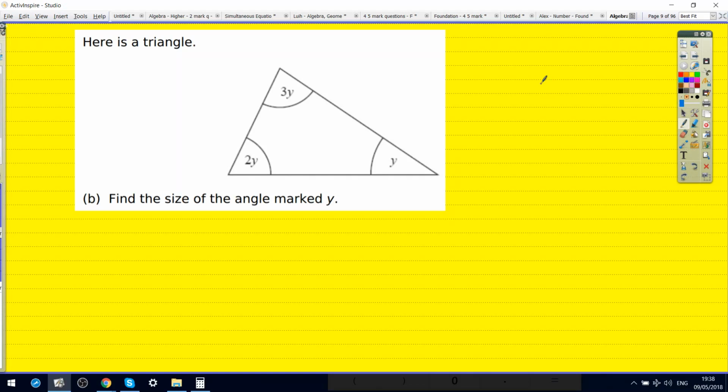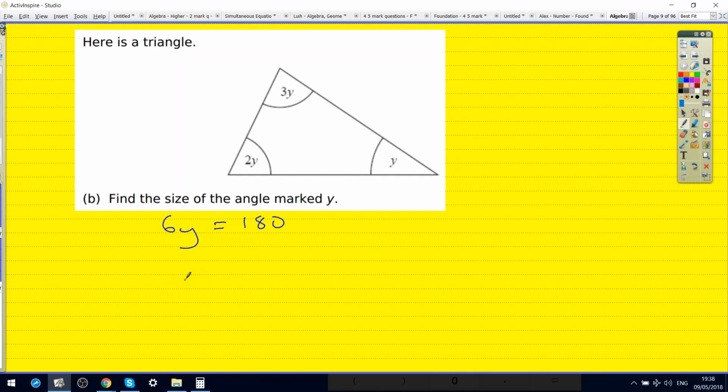Find the size of the angle marked y. I have no idea with these ones. Well, what did they add up to in terms of y? 6y. And what do they add up to in terms of normal numbers? 360. That'd be a quadrilateral. A triangle? 180. Yeah. And so 6y must equal 180.